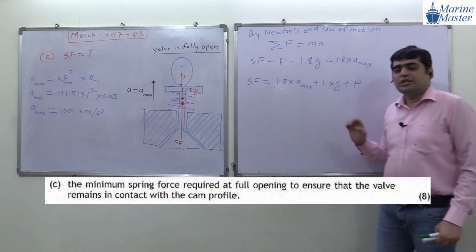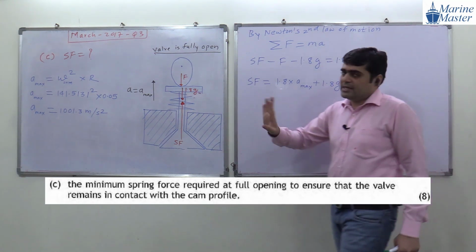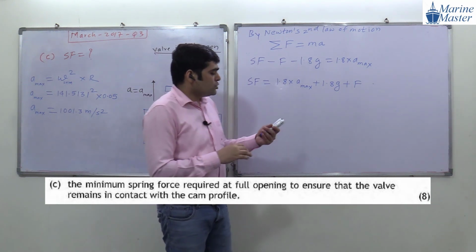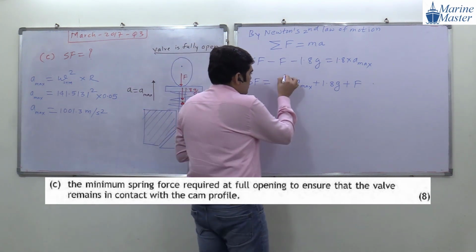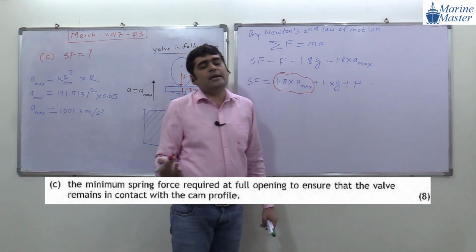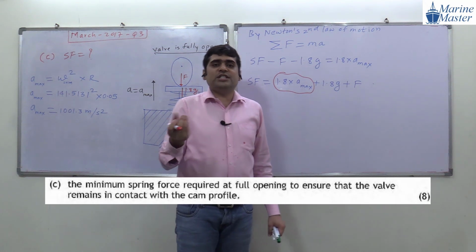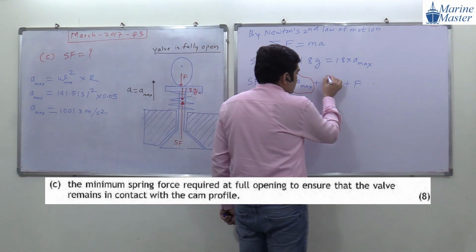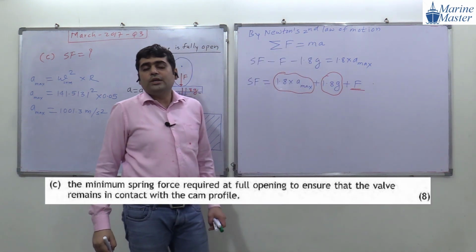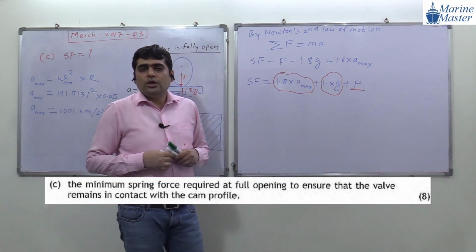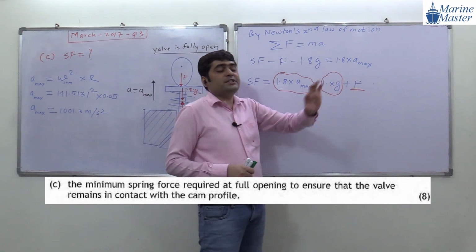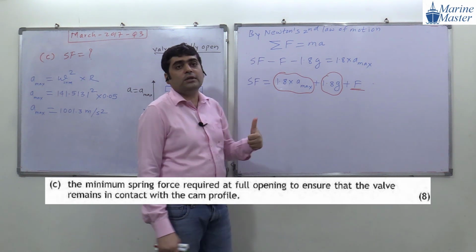Just observe this expression. a max is fixed, we can't change the value of a max, so this term is fixed. 1.8 g, where g stands for acceleration due to gravity, is also constant, so this term is also constant. Now which one is in our hand? F. So how to get SF lowest? When the value of F is 0, guys, then the value of SF will be what?